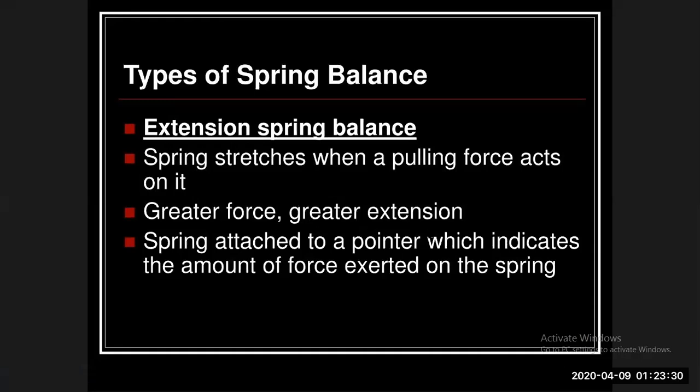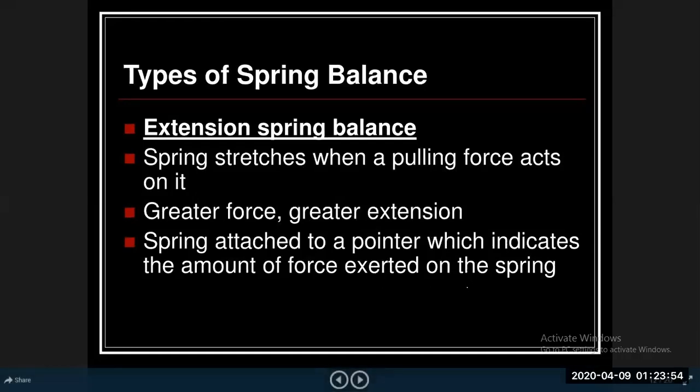The more the pulling, the more the extension, and we can read more weight of the object hanging over the spring. Greater force creates greater extension in the spring, and hence greater weight. So a spring is attached to a pointer which indicates the amount of force exerted on this spring.